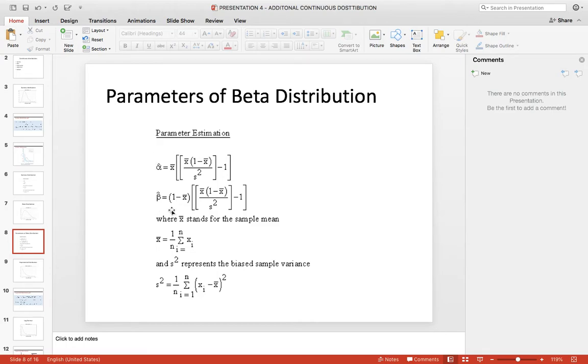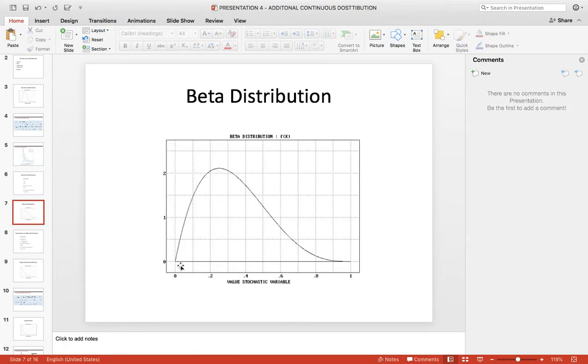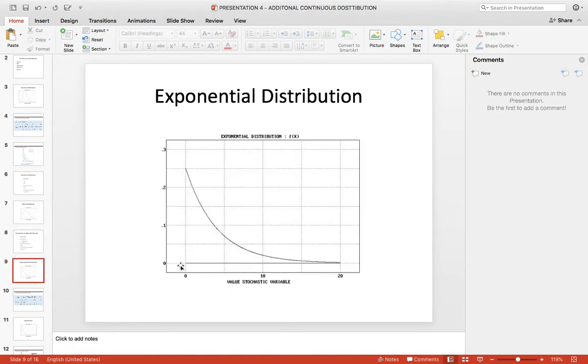To get the parameter beta, it is 1 minus X bar into the same quantity, that is, X bar into 1 minus X bar over S squared, minus 1. So these formulas you can remember. Mean and standard deviation, of course, are calculated in the normal fashion. So the beta distribution will have values like this.